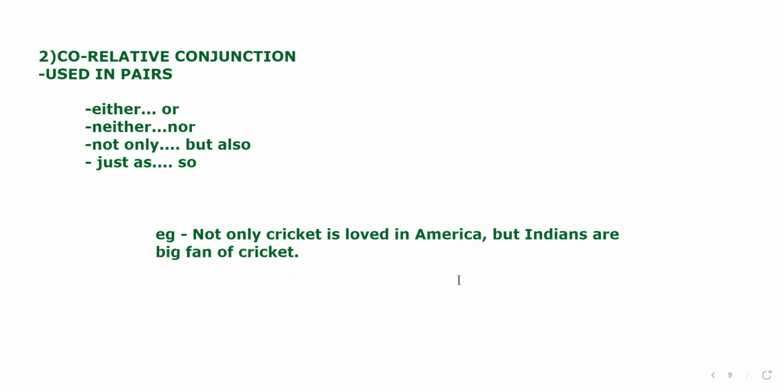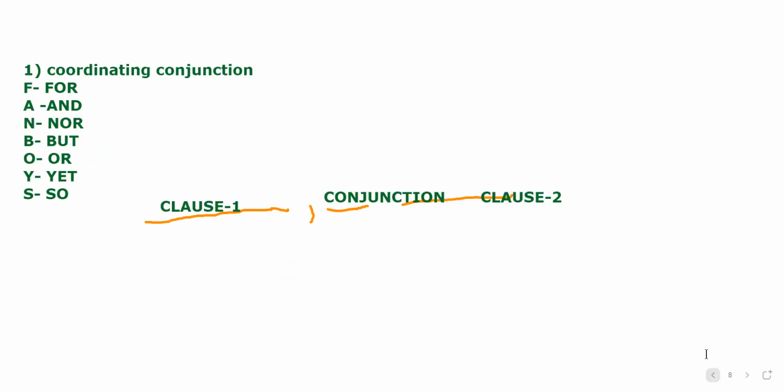Ma'am, correlative conjunctions are used in pairs. Then how about coordinating conjunctions? Is there any specific thing like that? No, they can be used anywhere.